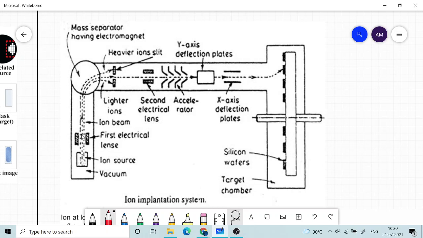For that we use a setup called a mass spectrograph. A mass spectrograph is equipment which can separate different radicals depending upon their mass and ionic charge.